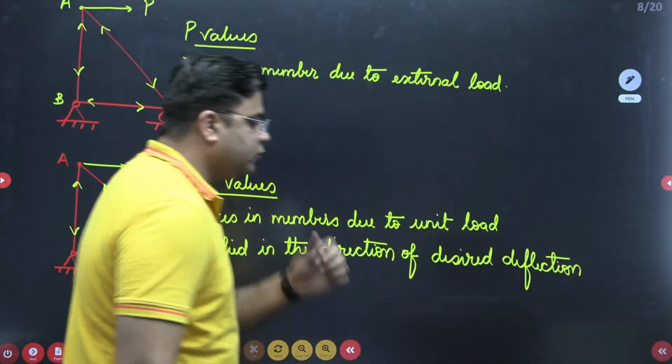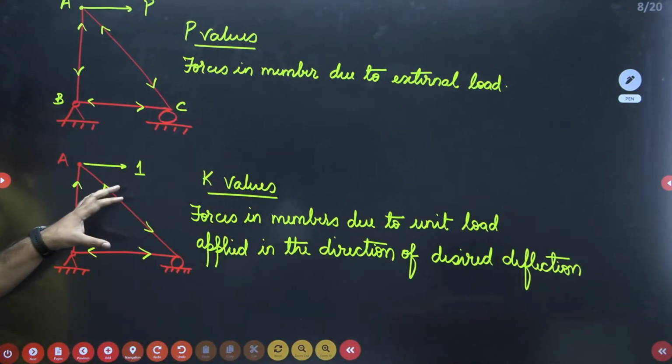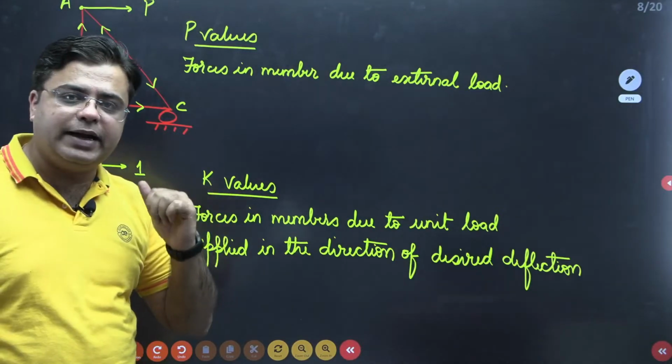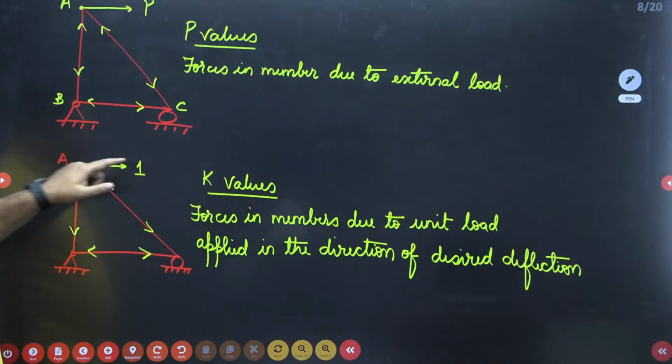So what are K values? K values are the member forces due to unit load applied in the direction of desired deflection. I want horizontal deflection at A, that's why I have applied a unit load in the horizontal direction.